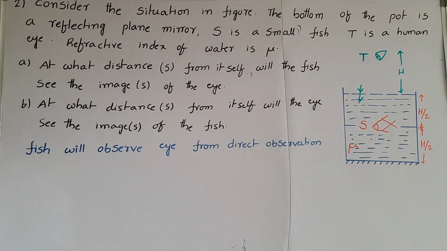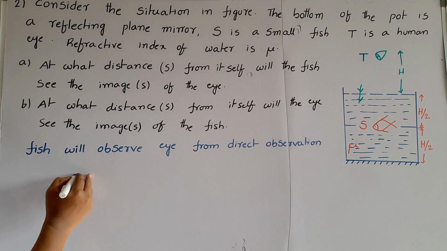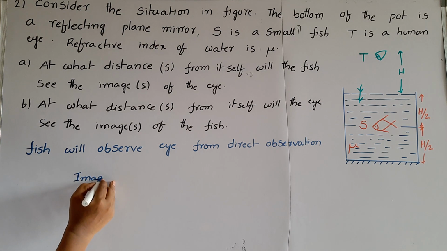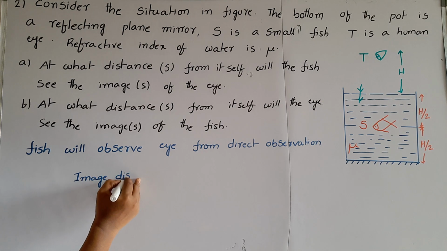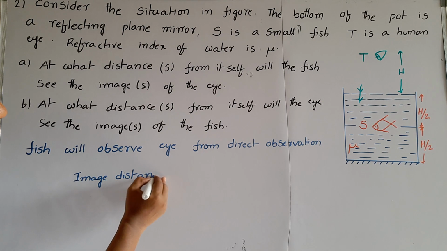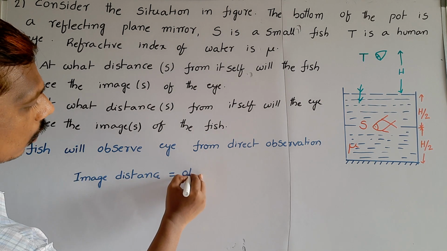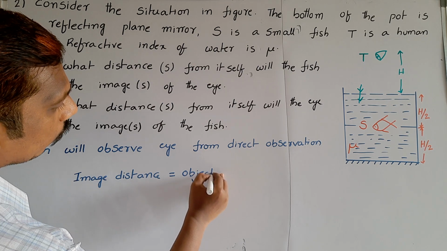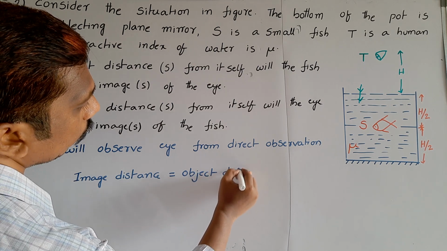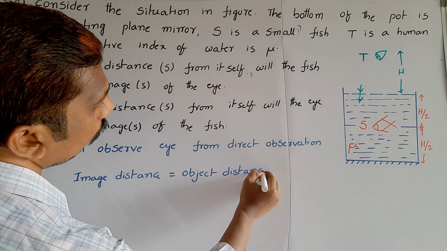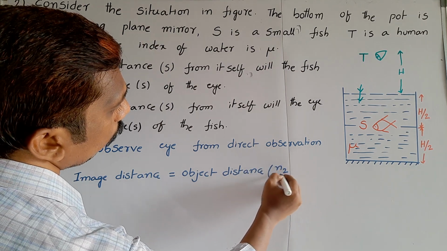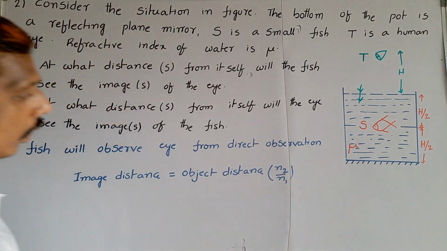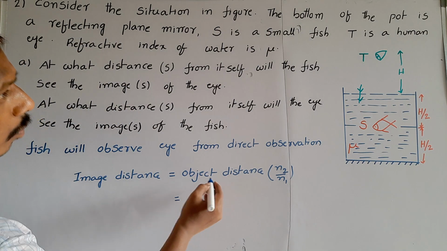So image distance is equal to, we know the formula, object distance into n2 by n1.